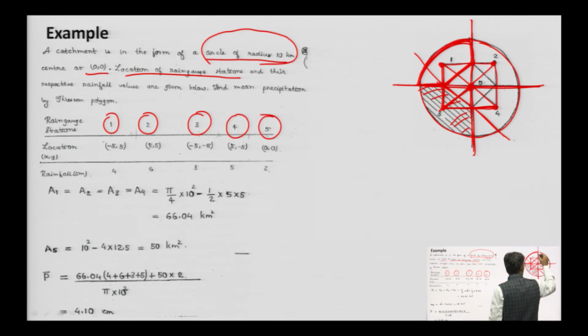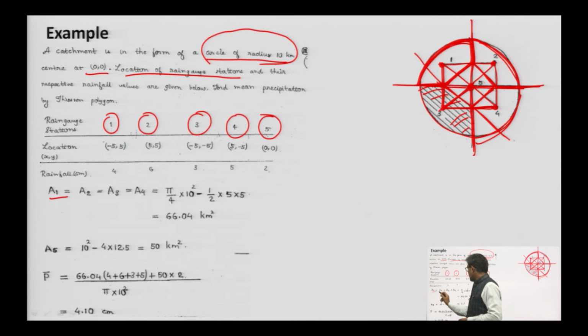Similarly for station 2 this will be the area, and for station 4 this will be the area, and for station 5 the remaining area will belong to station number 5.